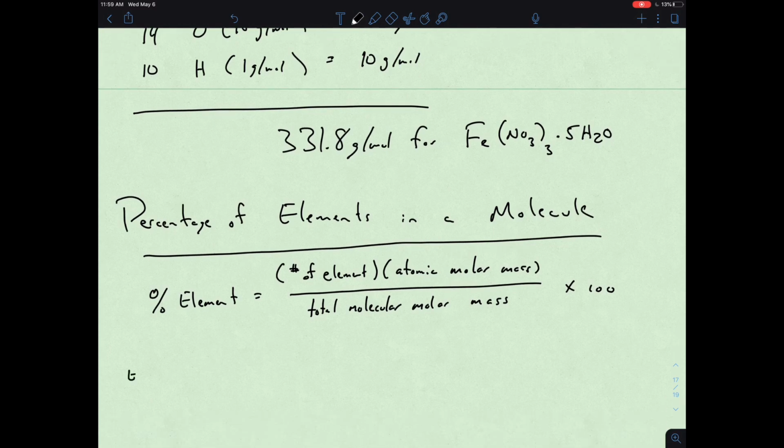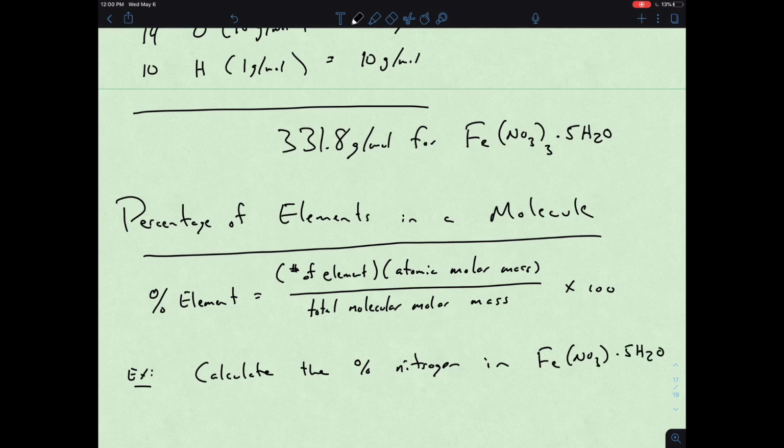As an example, we could say, let's calculate the percent nitrogen in our molecule that we were just working with, the ferric nitrate pentahydrate.